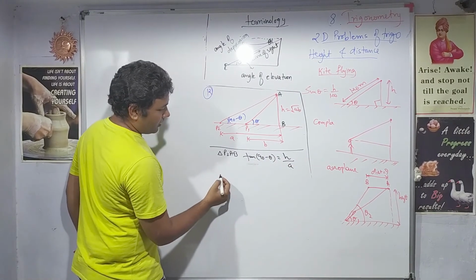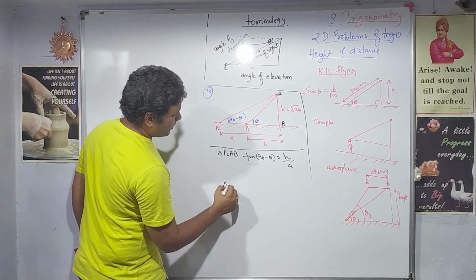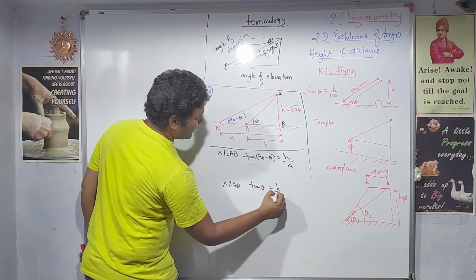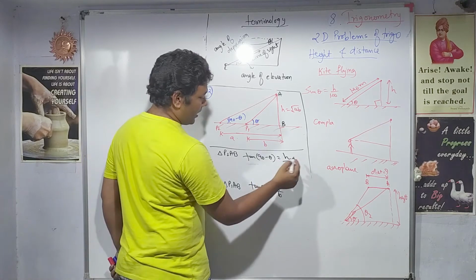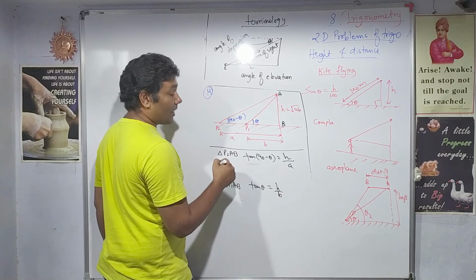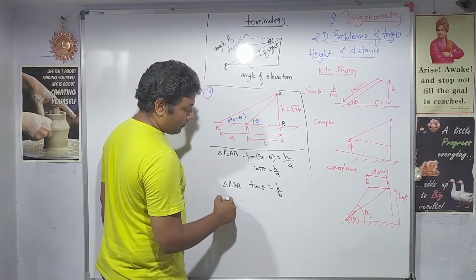Now if I take another triangle, that is P1AB, tan theta will be perpendicular upon base, which is b, right? So if I find tan 90 minus theta, what will it be? Tan 90 minus theta is cot theta, h upon a, right?